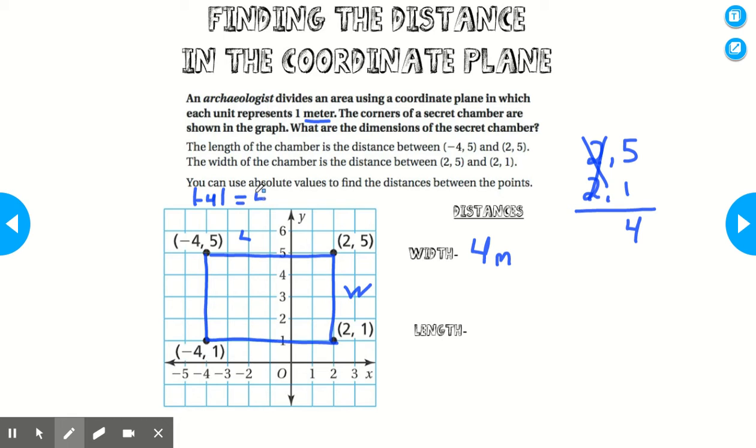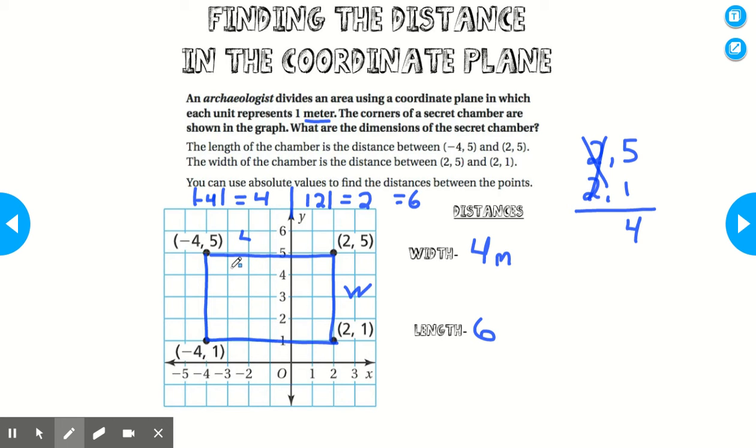So this distance is 4 on this side of the y-axis. And from here to here is a distance of 2. So the absolute value of 2 is 2. So then we can add these two values. Since we're calculating distance, we're going to use the absolute value. 4 plus 2 equals 6. So our length is 6, right?